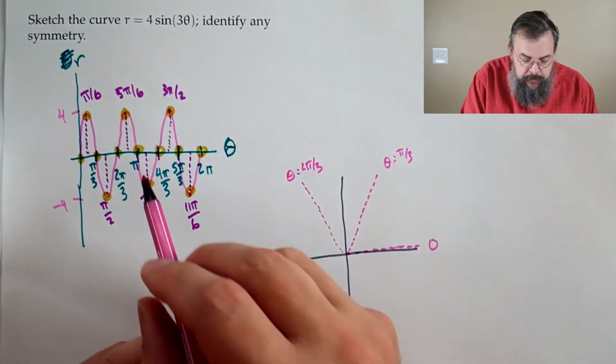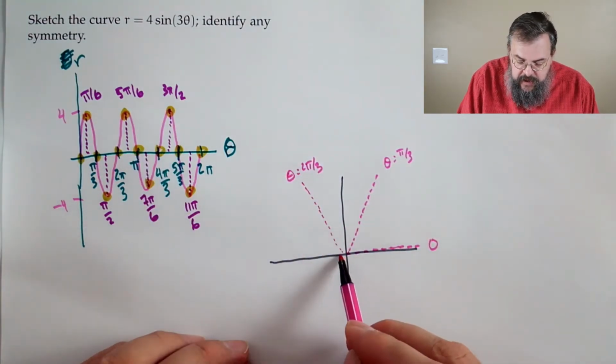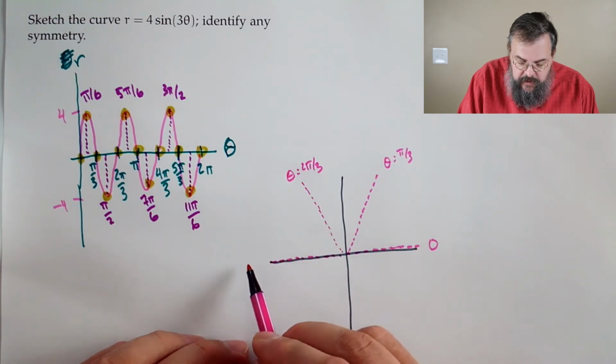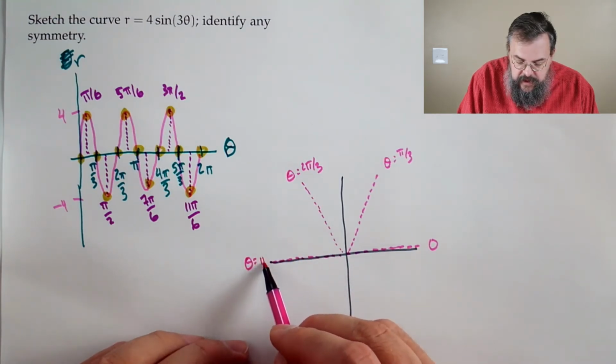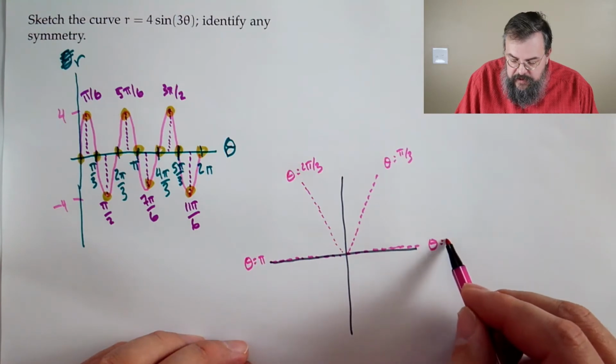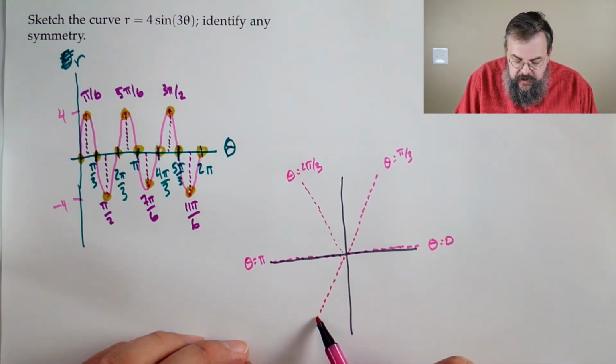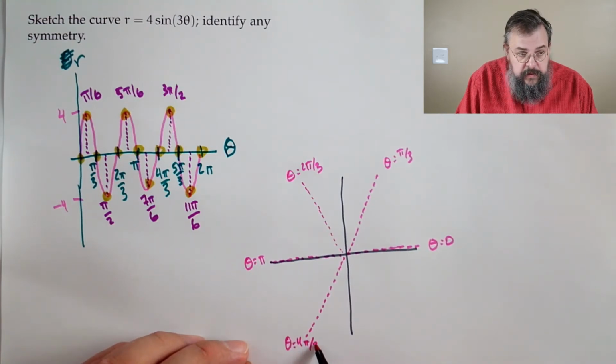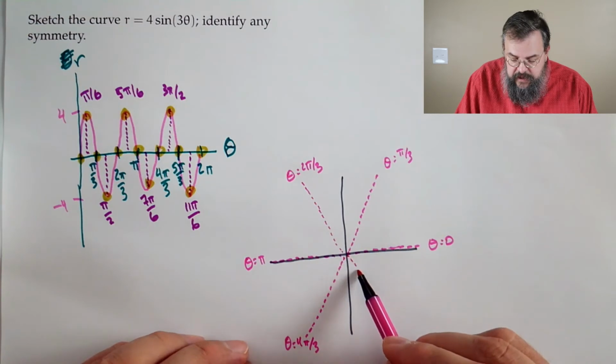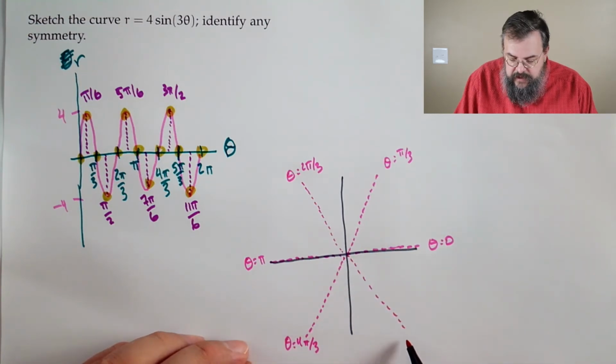And the next one, pi, known as 180 degrees. I should mark theta equals 0. And, well, you can see where this is going. Come down here. Where's our 4 pi thirds? And come down here. And here's our 5 pi thirds.